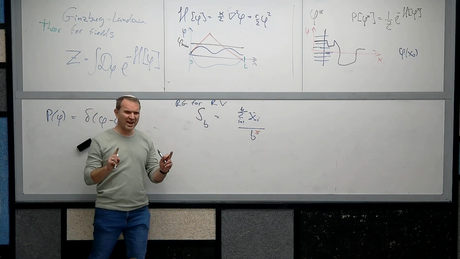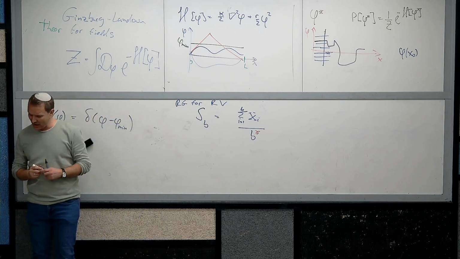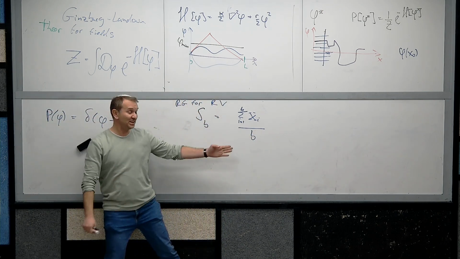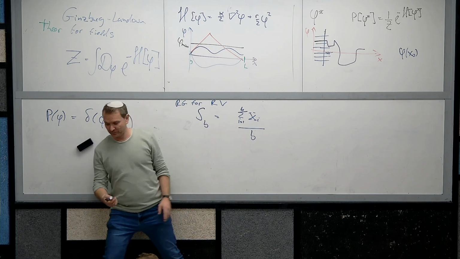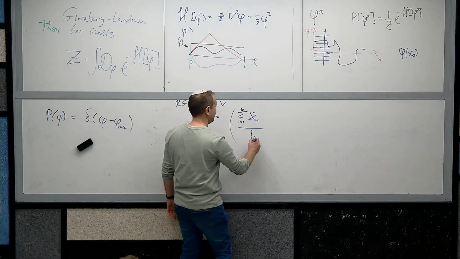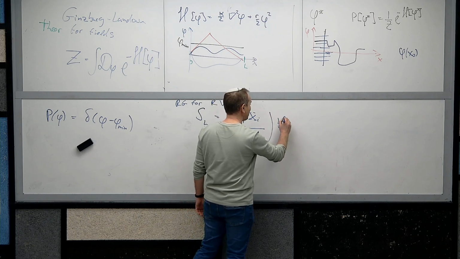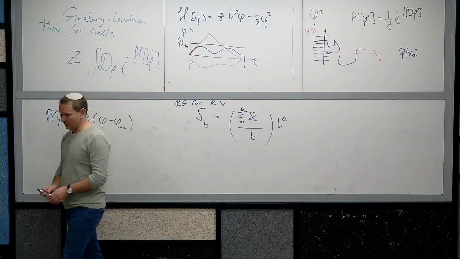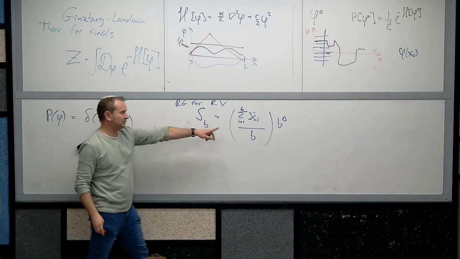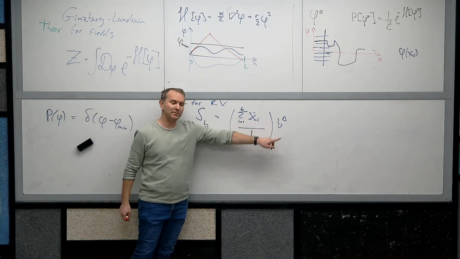But I want to write this a little bit differently. I want to write it as, let's divide it by b, which is simple averaging, and multiply this guy by b to the power delta. Now, this part is critical, this multiplication by b to the delta.